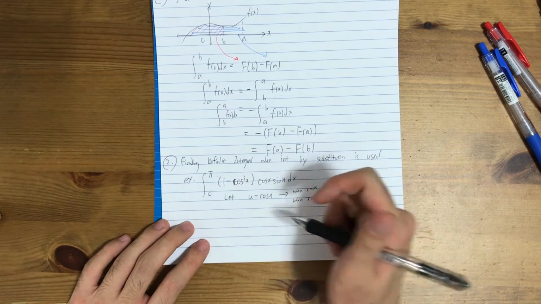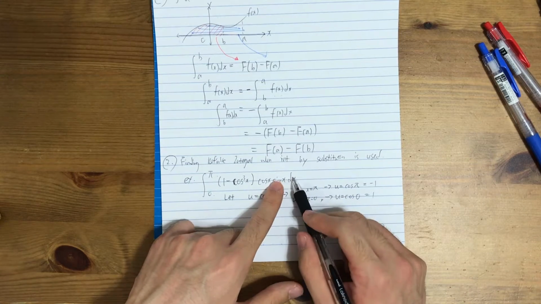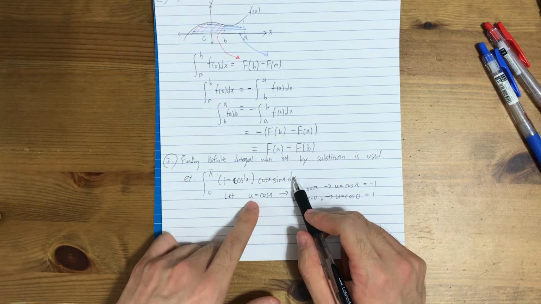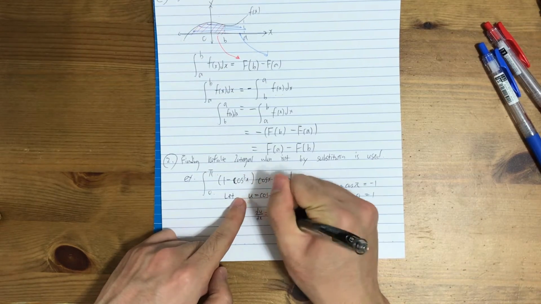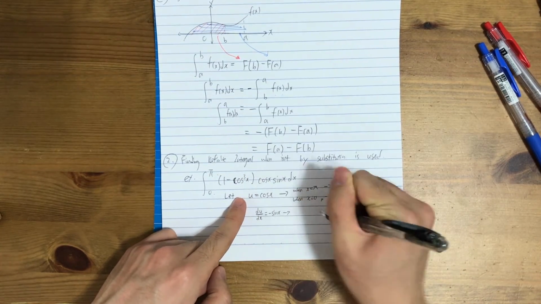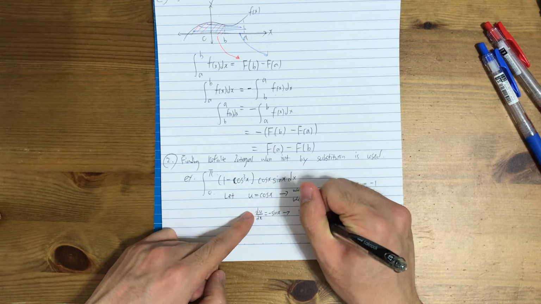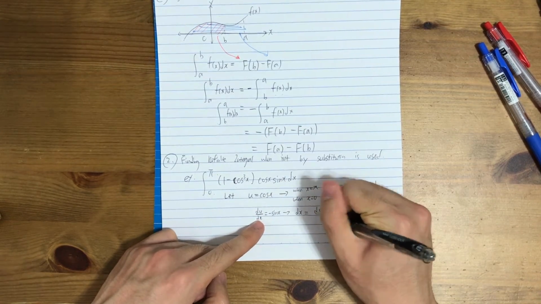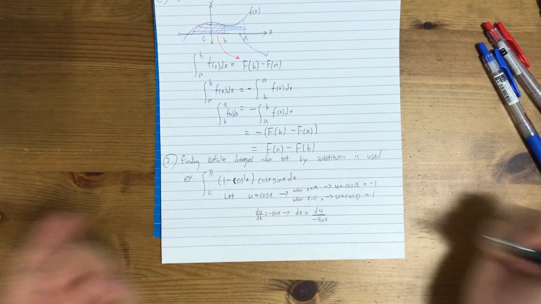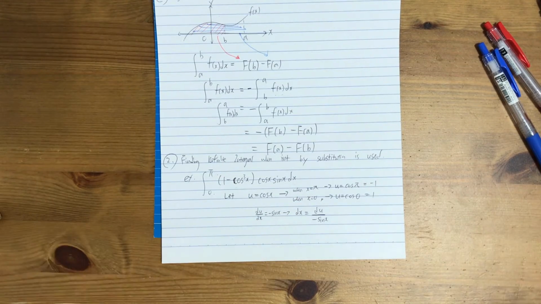And also, this dx, we have to change it in terms of u, right? So how we can do that is that we can differentiate this, and then we can rearrange this equation to find the equation of dx in terms of du. Now we're ready to integrate this.